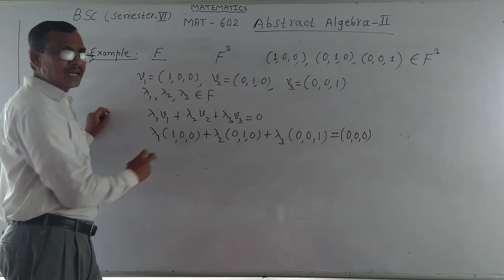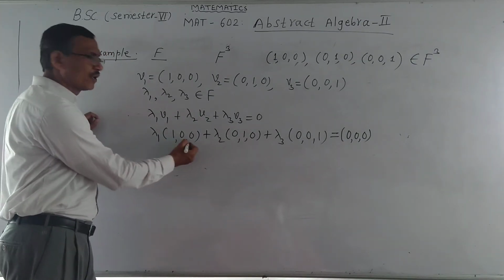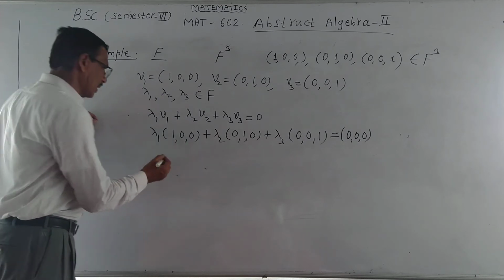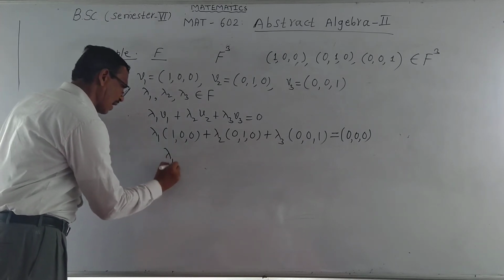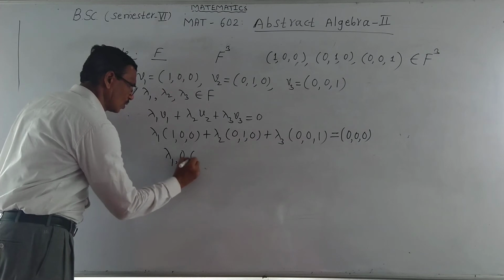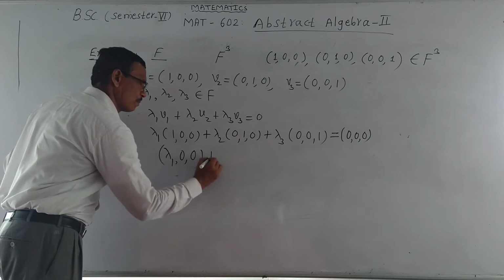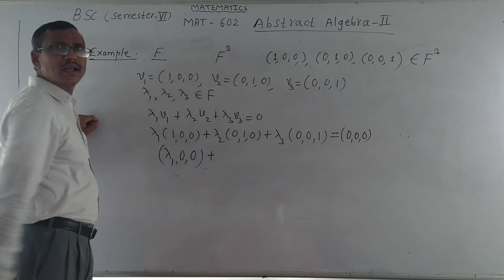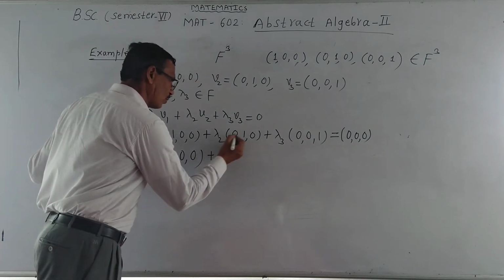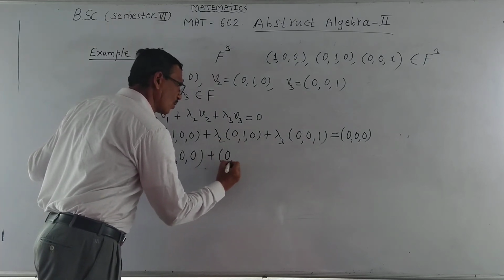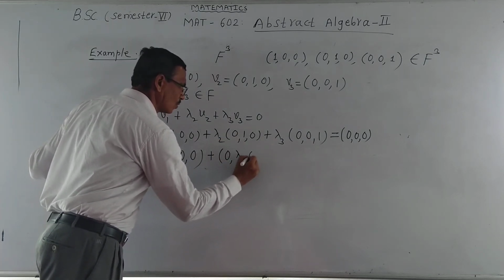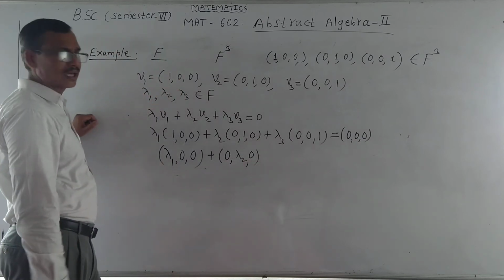Now take this scalar multiplication, lambda 1 into (1, 0, 0). It can be written as (lambda 1, 0, 0) plus, now multiply by lambda 2, (0, lambda 2, 0). This is scalar multiplication.